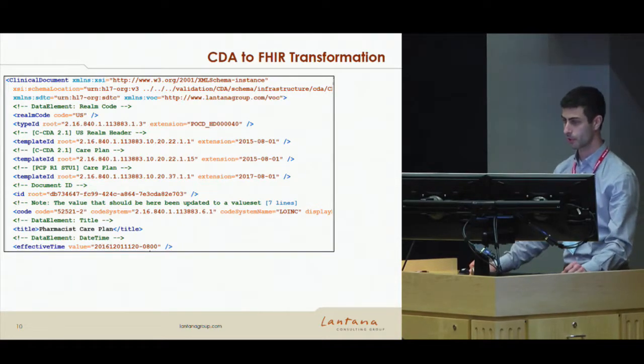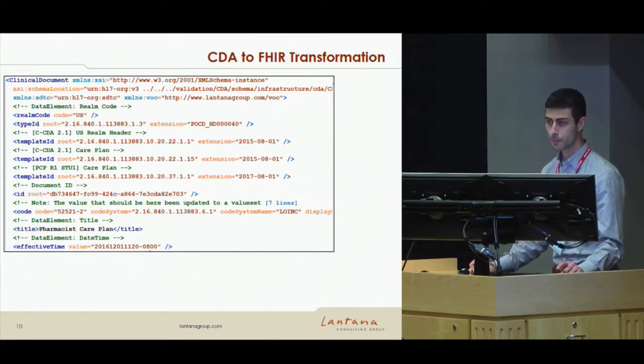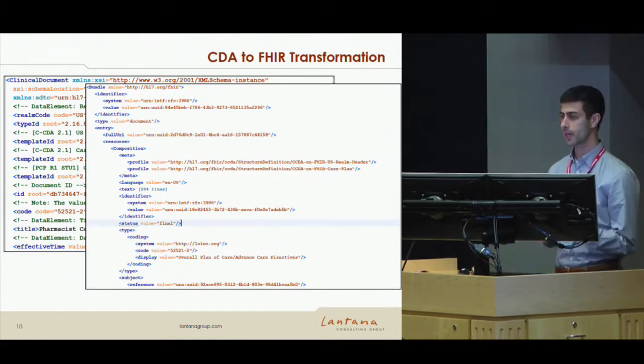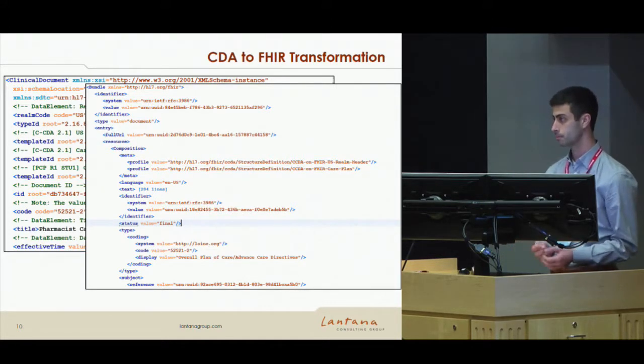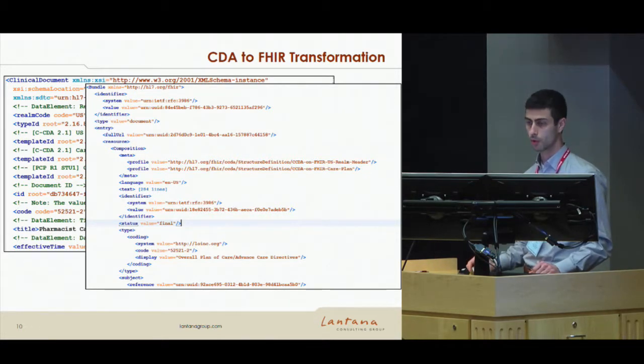So it's really marked up and a lot richer than you'd see in the wild. And you would run that XSLT transformation through, and it would spit out this FHIR bundle. And now this FHIR bundle you can consume into your app, and it'll work flawlessly, hopefully.